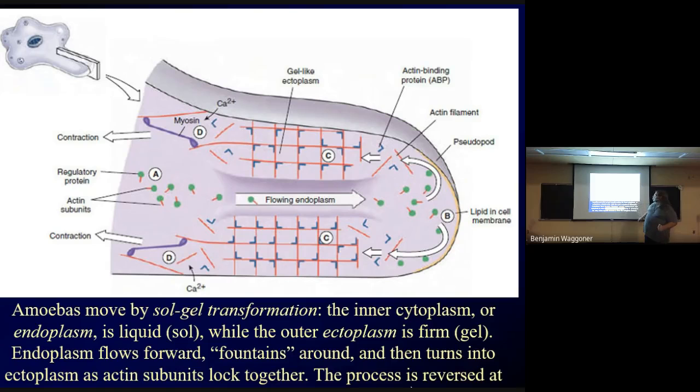Contraction at the rear, squeezing endoplasm forward. So that endoplasm turns into solid, flows forward, locks into position as gel, and then eventually is pushed to the back where it turns into sol again. And again, I'll try to remember to post a YouTube video of this because 10 seconds of that will make this a lot clearer than my yelling.